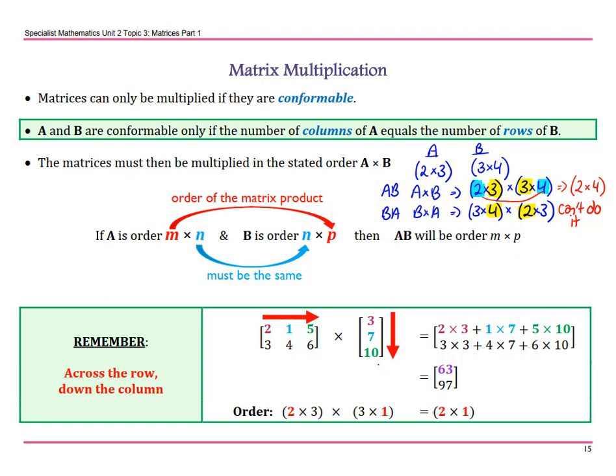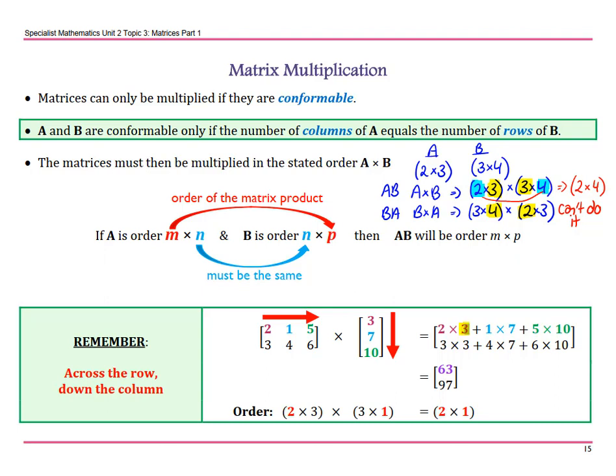We use the same row for as many columns as there are, and you'll see that in further examples. So we're going across the row, 2 times 3, down the column, plus 1 times 7 plus 5 times 10. Then we move on to the next row, 3 times 3 plus 4 times 7 plus 6 times 10.